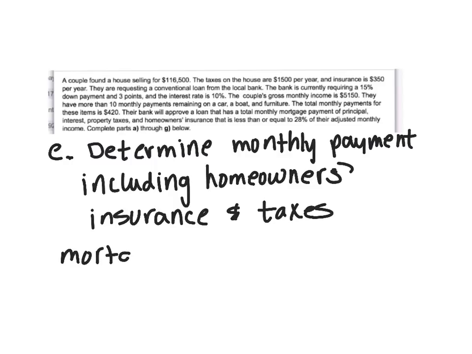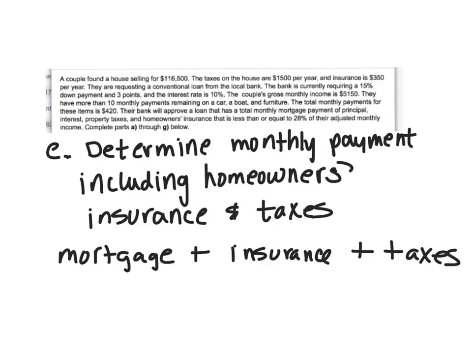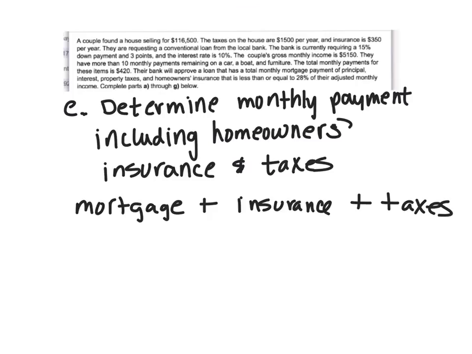So I'm going to add together the mortgage that we calculated in the previous step, plus the homeowner's insurance, plus the taxes. And all of that will give us our total payment. So the mortgage, of course, is $955.61. We got that from the previous problem.